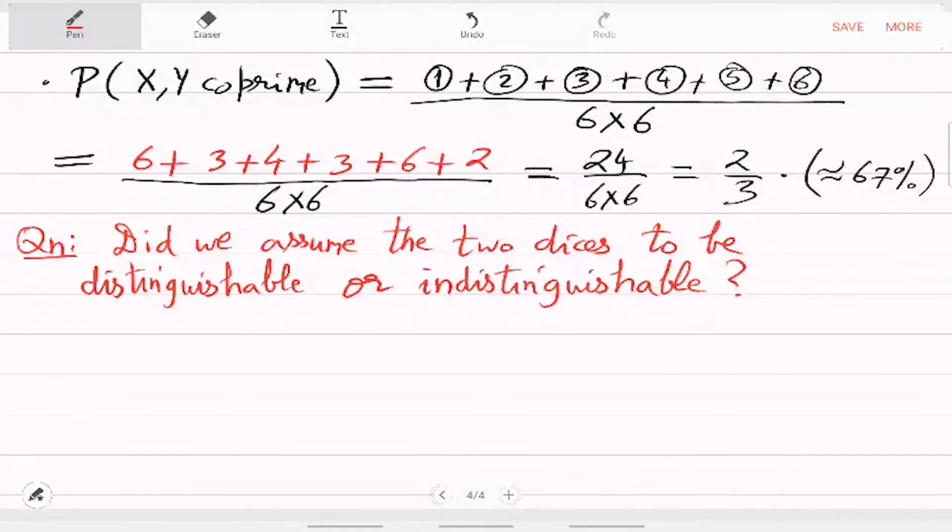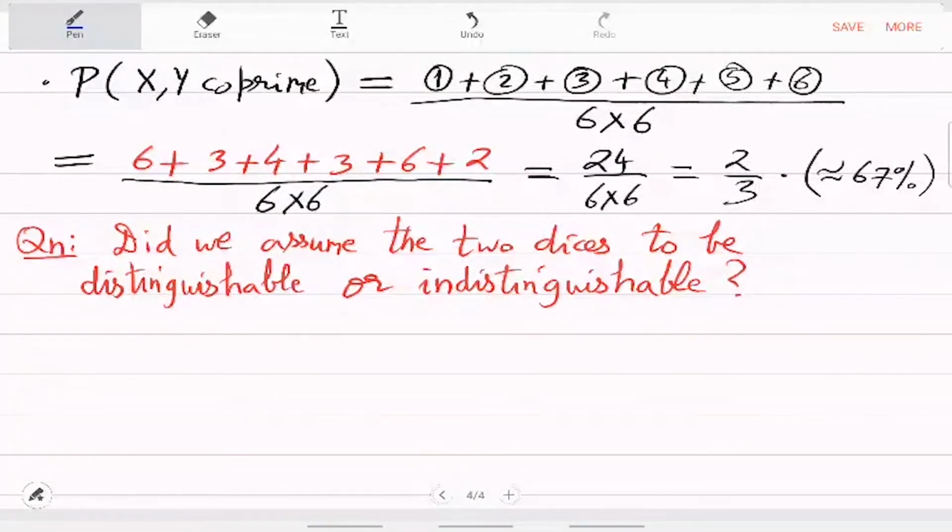Okay, what do you think? When we wrote the favorable possibilities, what did we assume about the dice? Are these two dice the same or are they different? Okay, so think about that accordingly. So in one case you will get one answer, in the other case you will get a different answer. Work this out as a homework exercise.